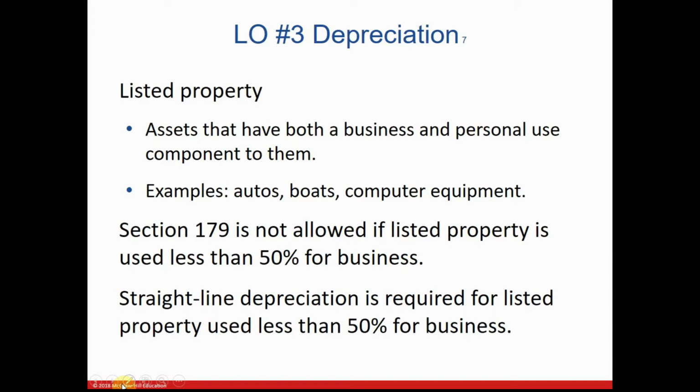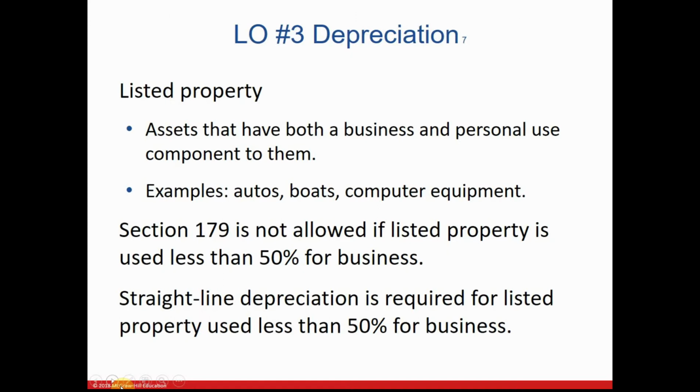So if I have a car and I use that car, say 40% for my business, 60% for personal reasons, I may not take advantage of the Section 179 expensing of the cost of that asset. I would lose that. So this is something that small businesses may want to consider. If they use the asset, especially a large purchase asset, more than 50%, then they could, if they chose to, take advantage of Section 179. Otherwise, if it's below 50%, they would lose that.